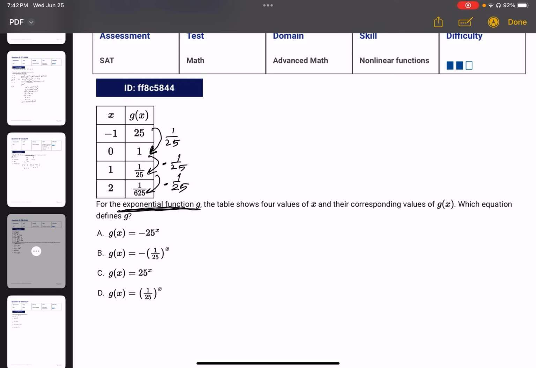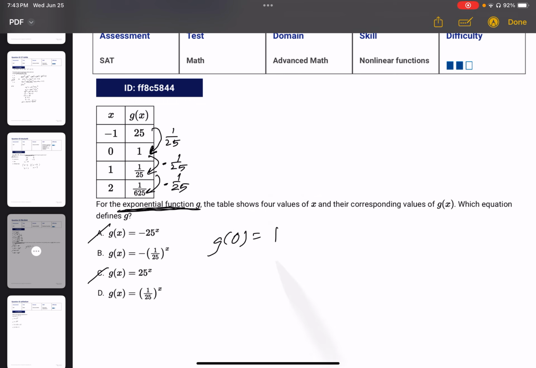And looking at this, we need to pick a function here. A is definitely not correct because we don't have our 1 over 25 ratio. Same with C. And then we're between B and D. But if we look at this, we need g of 0 to equal 1.